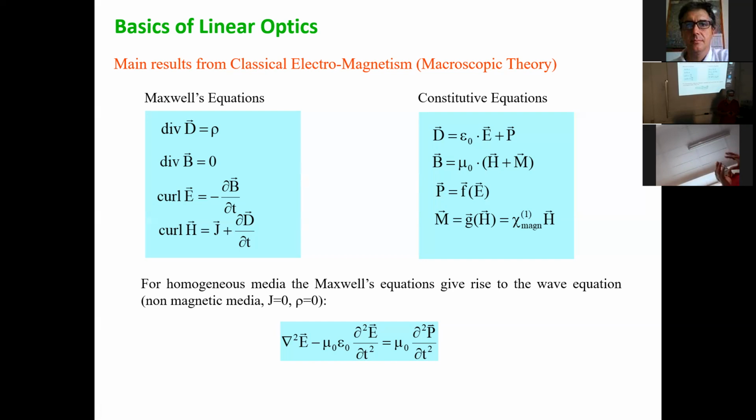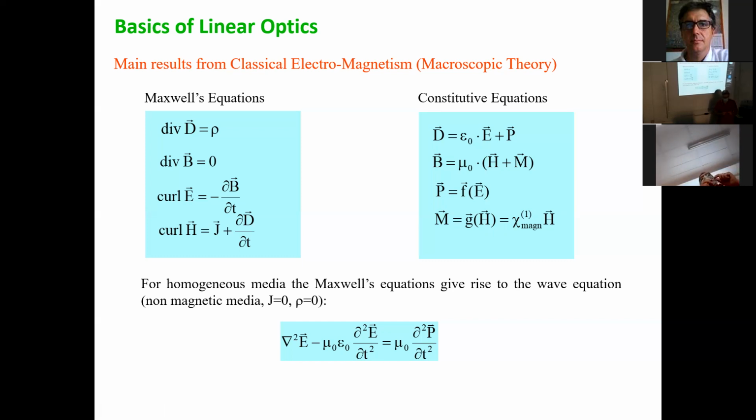So in general, there is no simple model relating the electric field that you get in the medium and the polarization that you induce. The dependency can be very difficult to describe. And the same is true for the dependency between the magnetic field and the magnetization.